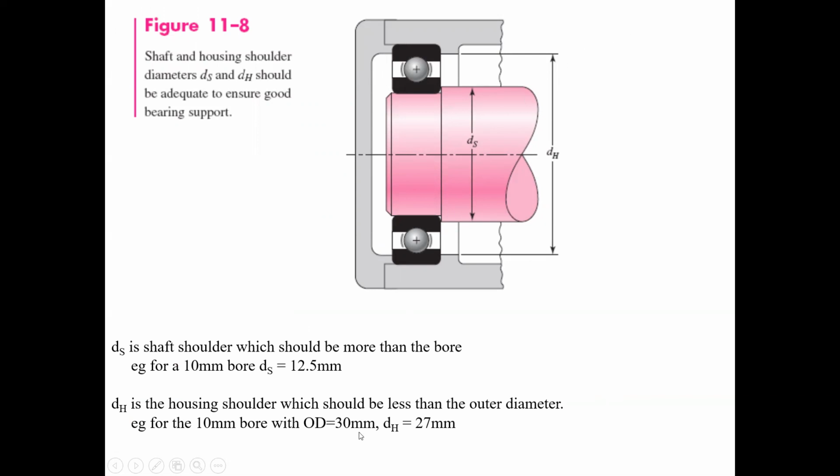So the dimensions: DS, the shaft shoulder, should be a little bit more than the bore. DH, the housing shoulder, should be a little bit less than the outer diameter. So you get a small gap.